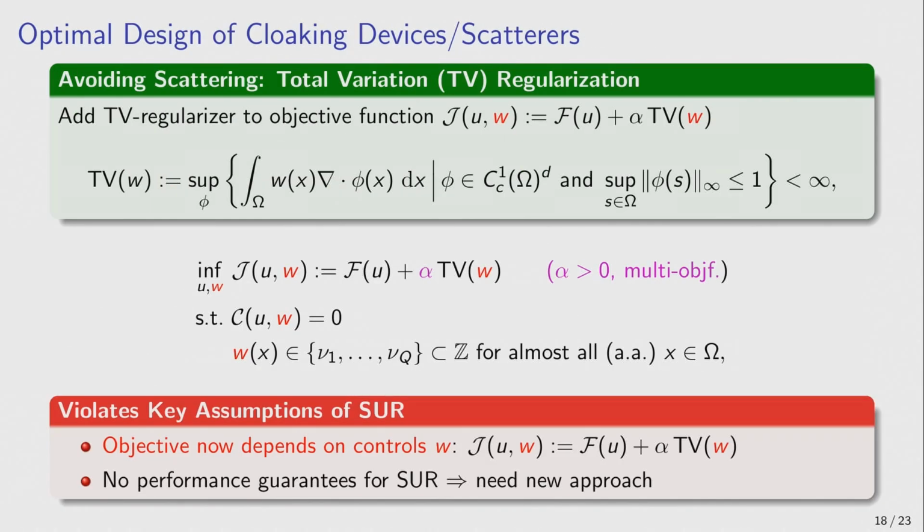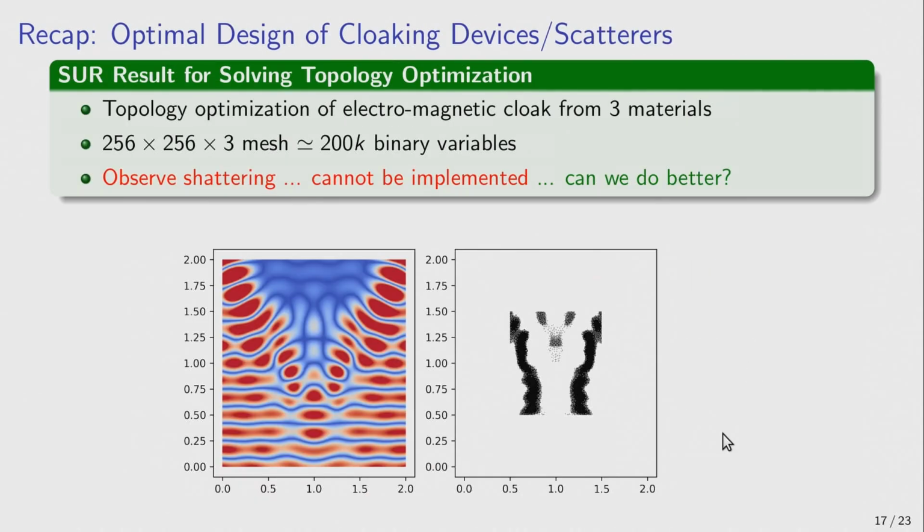The last thing I wanted to talk about really briefly is how do we get rid of this scattering? I left you hanging a little bit on the scattering behavior that we see when we apply the sum-up rounding approach. One way to do this is actually to clean it up afterwards, but by solving a different problem.